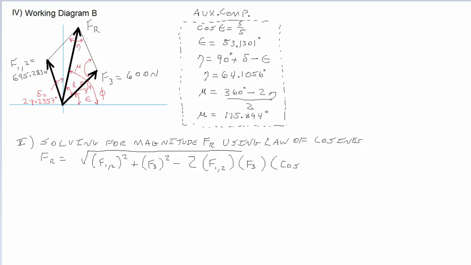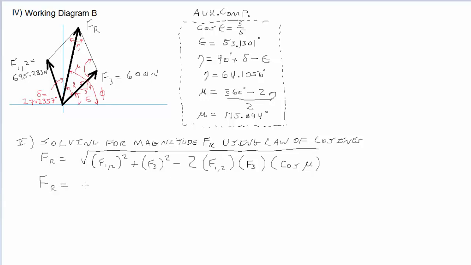If we go up to our diagram, here's FR. The angle that does not touch FR is opposite, and that is angle mu.